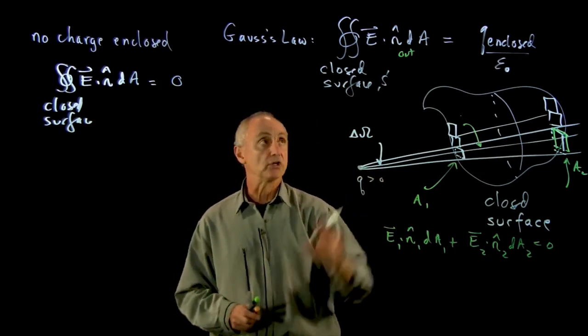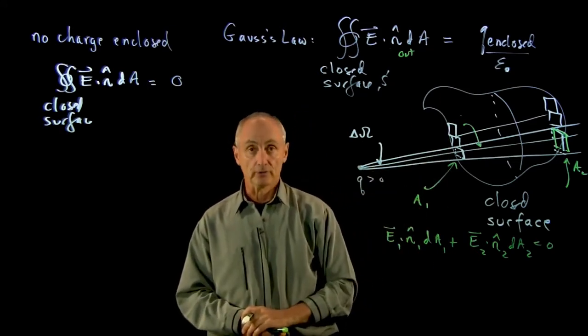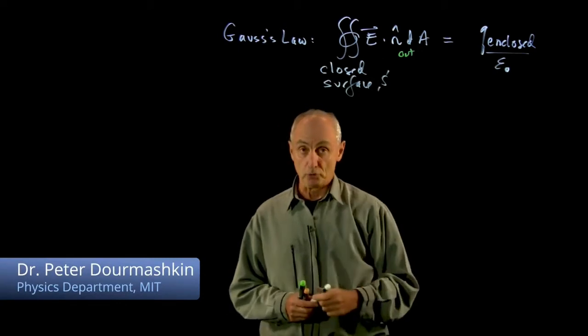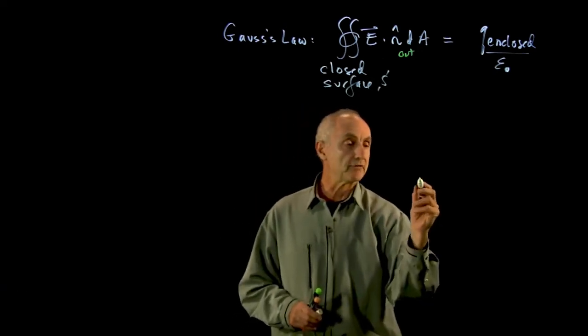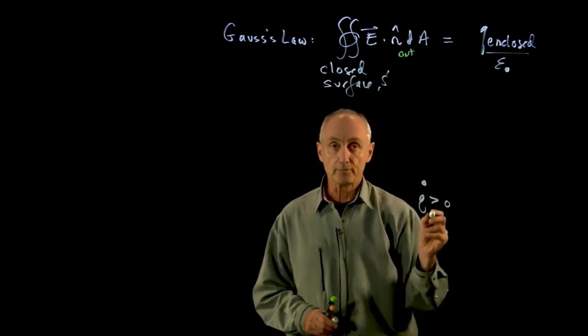And now we're in position to try to prove the general result. We're now in position to start our general proof. Let's suppose we have a charge Q. Let's make that positive.